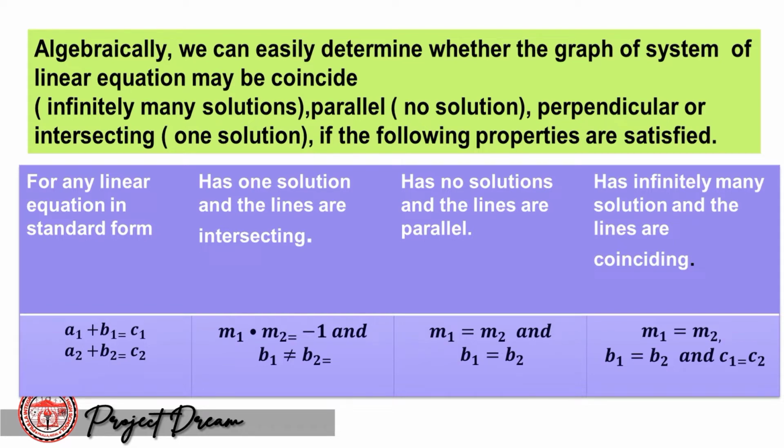The system has no solution and the lines are parallel if m sub 1 equals m sub 2 and b sub 1 is not equal to b sub 2. It has infinitely many solutions and the lines are coinciding if m sub 1 equals m sub 2, b sub 1 equals b sub 2, and c sub 1 equals c sub 2.